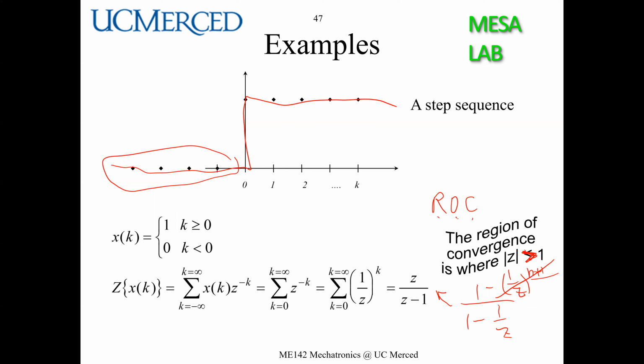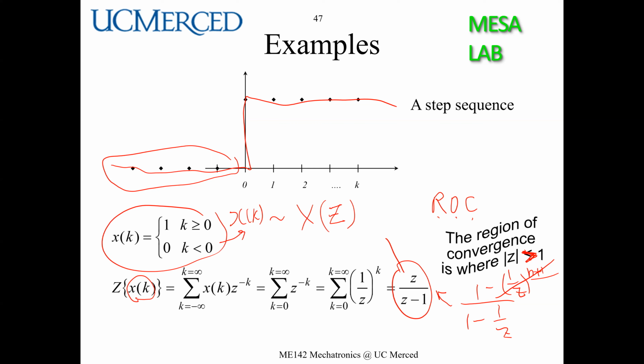So in other words, if I give you a sequence, you get its X of z. This is the Z transformation pair of x of k, while x of k is given like that.